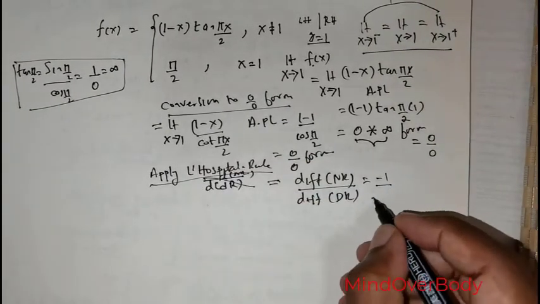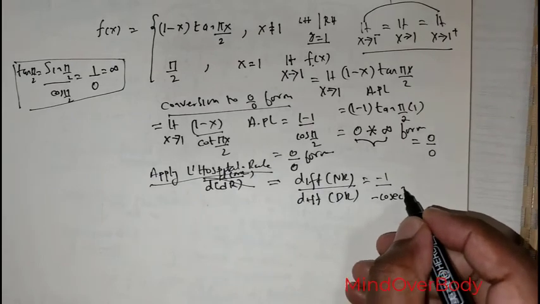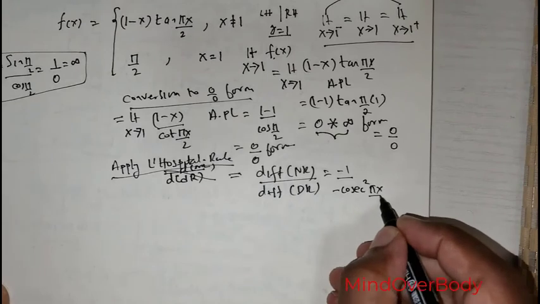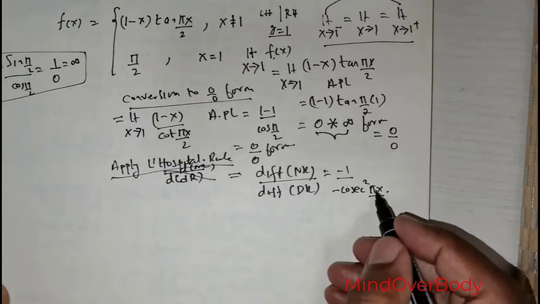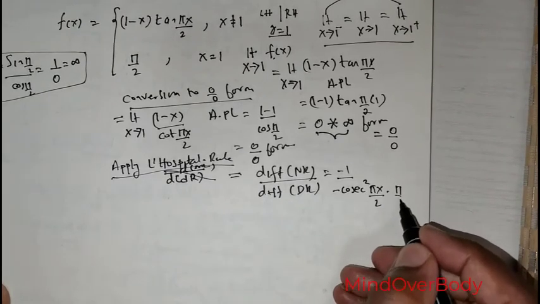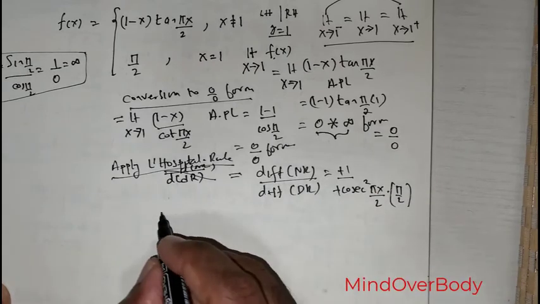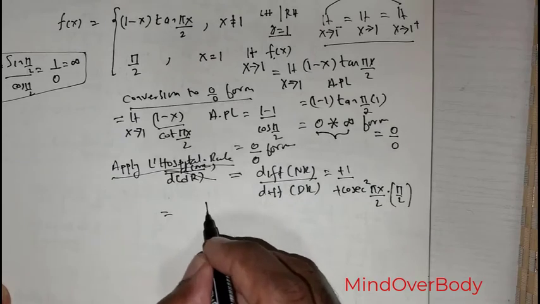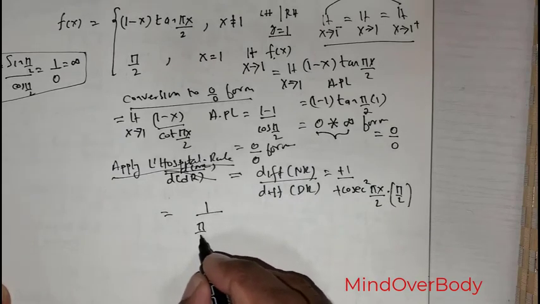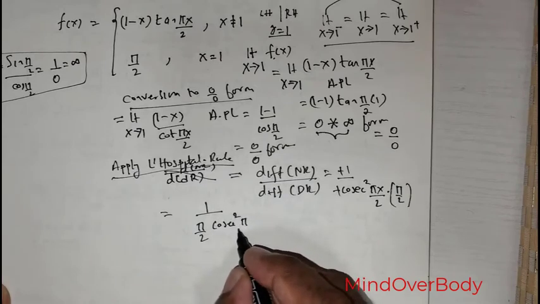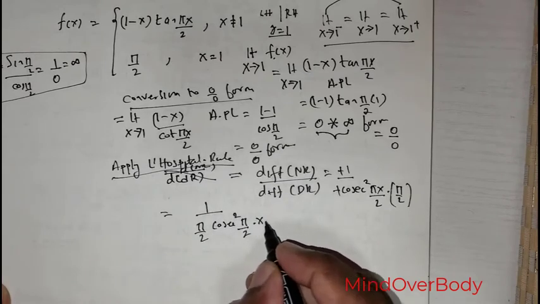Differentiation of cot is negative cosecant squared, so cosecant squared of πx/2 times the differentiation of πx/2, which would give me π/2. So these two negative signs will become positive. So now I got 1 over (π/2) times cosecant squared of (πx/2).